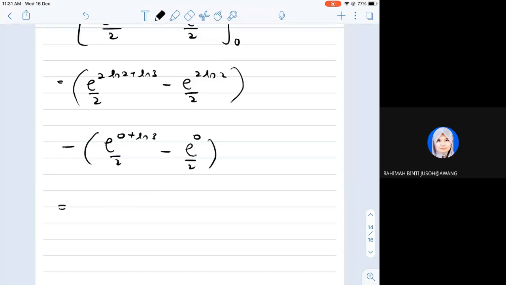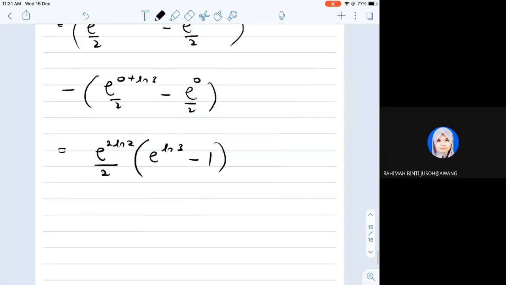Let me factor out first, guys, it's easier that way. So exponent 2 ln 2 over 2 multiply by exponent ln 3 minus 1. That's easier. Minus, exponent ln 3 over 2 minus 1 over 2.